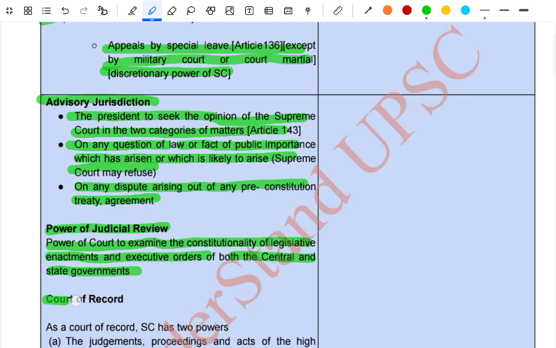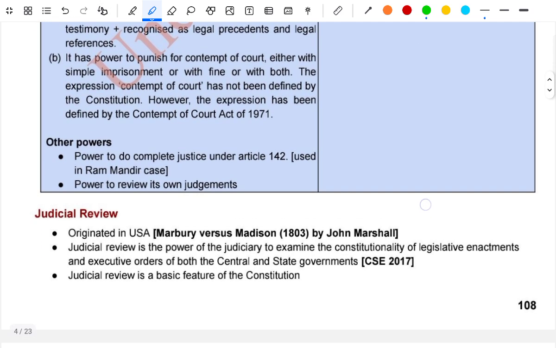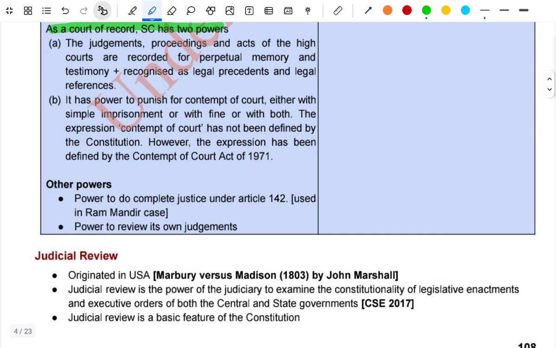The court of record. As a court of record, the Supreme Court has two powers. First, the judgments, proceedings, and acts of the court are recorded for perpetual memory and testimony, and are recognized as legal precedents and legal references.